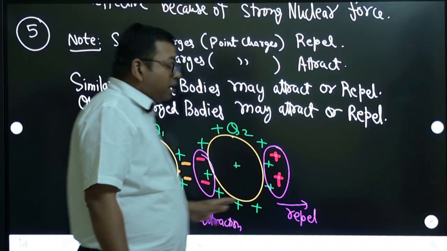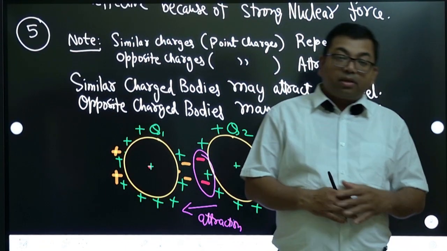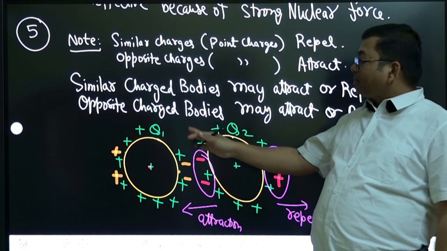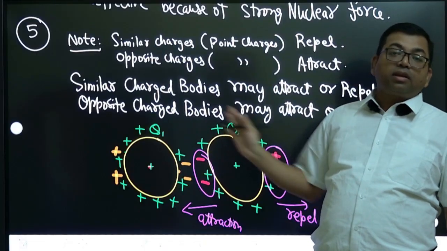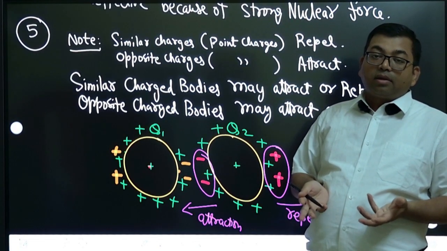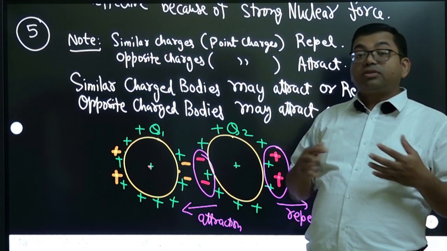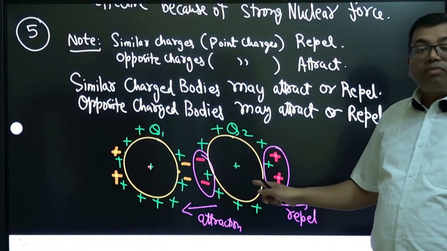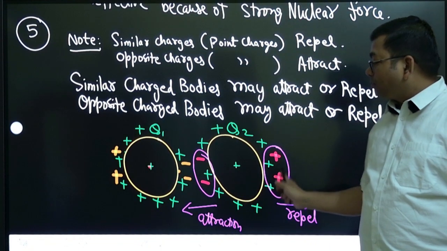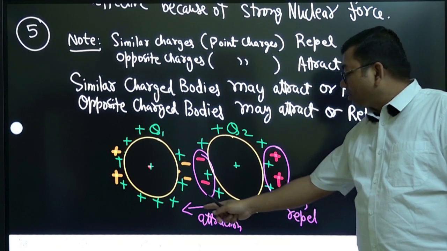Now, this attraction and repulsion is besides the repulsion of the whole charges. This whole positive and this whole positive are definitely repelling, assuming they are like point charges. But because of the induction effect, opposite charges are developed and we get attraction and repulsion.